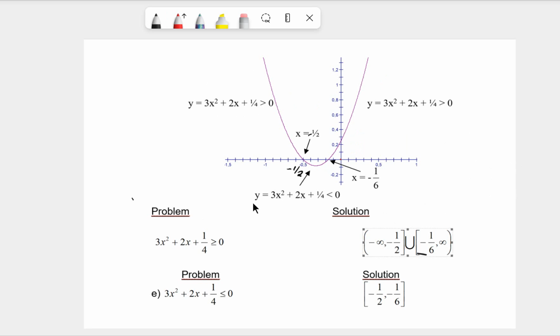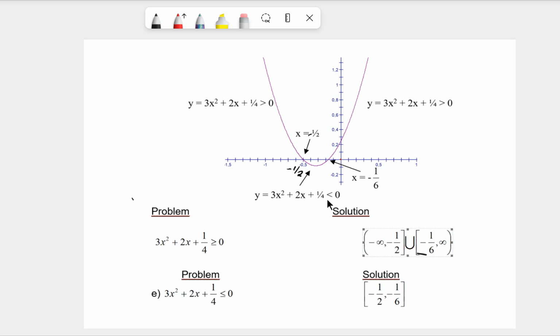Say for this inequality, less than or equal to, the solution are the x from minus 1/2 to minus 1/6, because for them the y is less than 0, and if you include the ends, you have the solution to this inequality that is not strict, but admits the 0 of the expression.